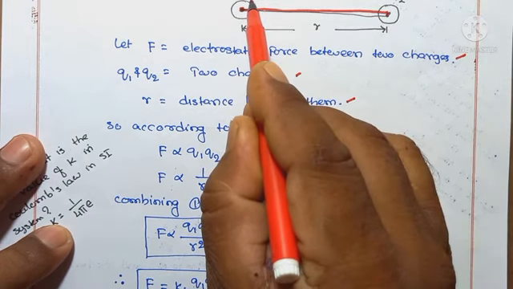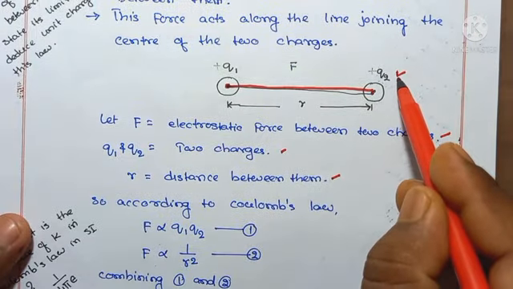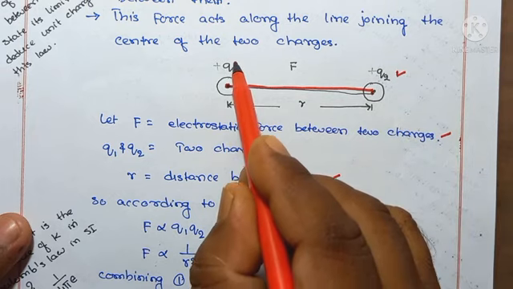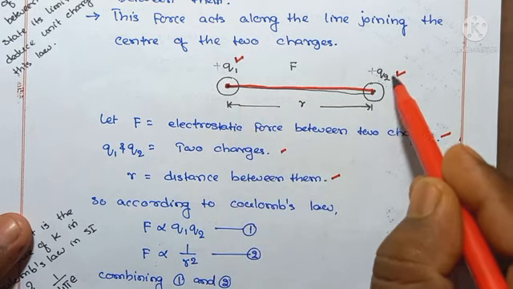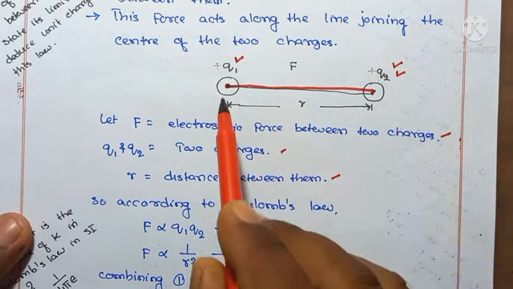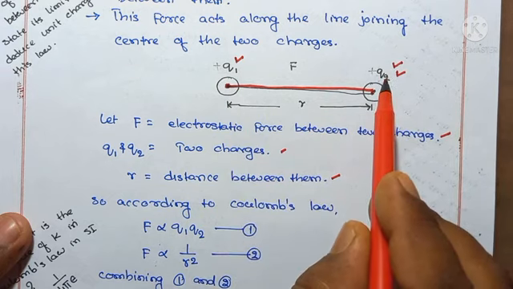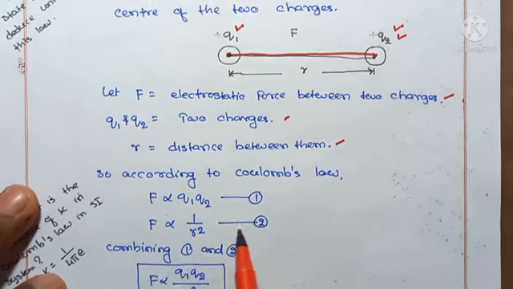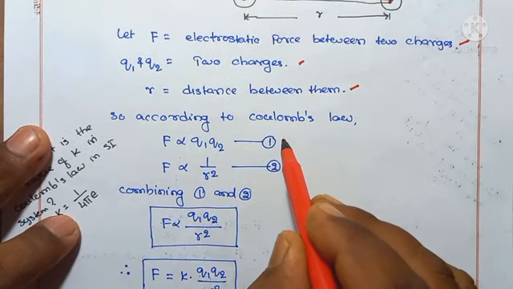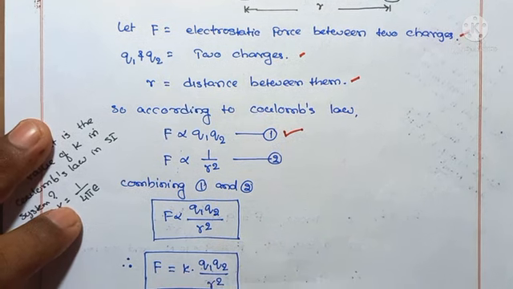This is one charge Q1, this is another charge Q2. So the magnitude of Q1 is Q1, the magnitude of Q2 is Q2, and the product of their magnitudes is Q1 Q2. So according to Coulomb's law, this force is directly proportional to Q1 Q2. Take this as equation 1.